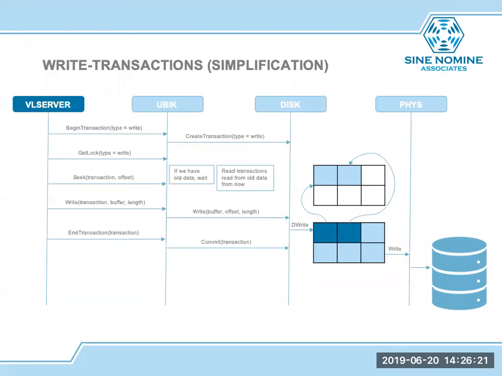Why? Because we only have one old version of the buffer, so we cannot have another write transaction now. So we have to check if we still have any read transaction looking at the old version of the buffer. If that's true, we have to wait here.